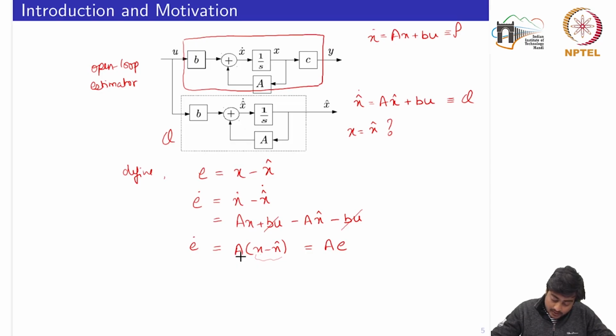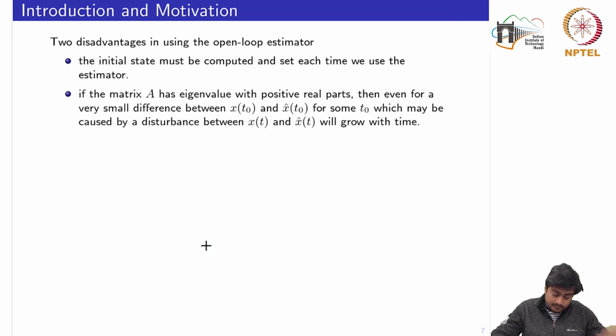So because of the non-Hurwitzness of this A matrix, your error will go towards infinity, right? So this is the second disadvantage: if the matrix A has an eigenvalue with positive real part, then even for a very small difference between x of t naught and x hat of t naught, which may be caused by a disturbance between these two state trajectories, the error will finally grow with time.